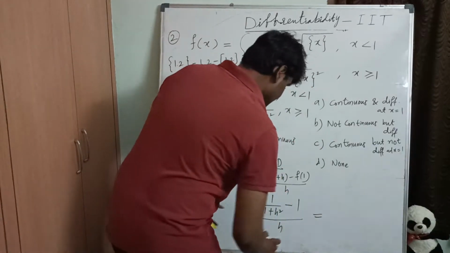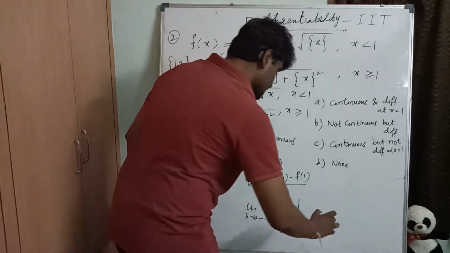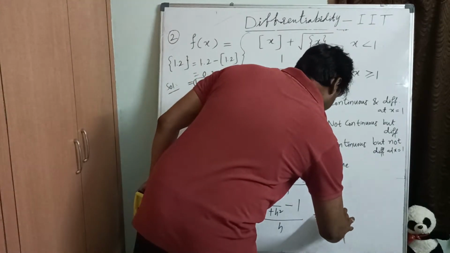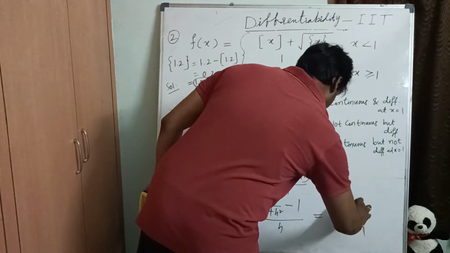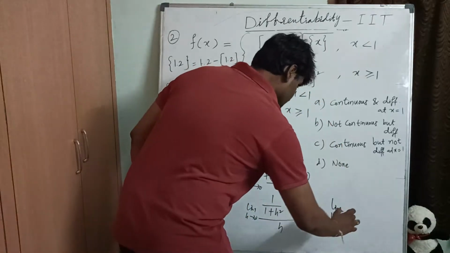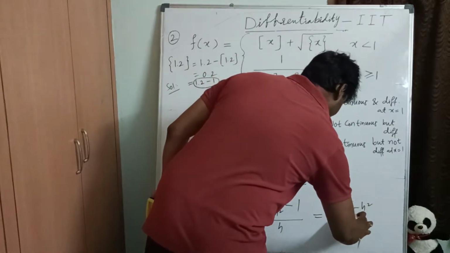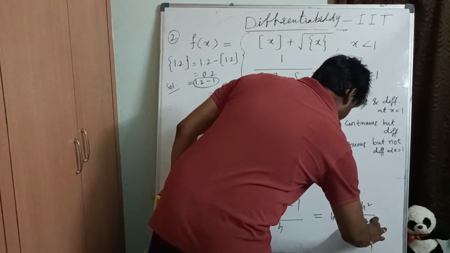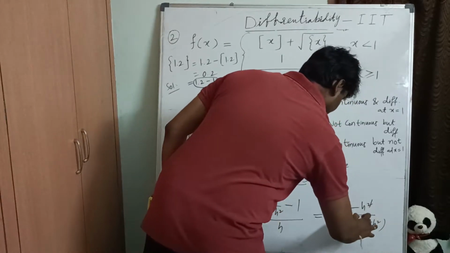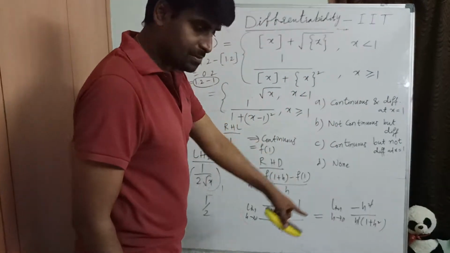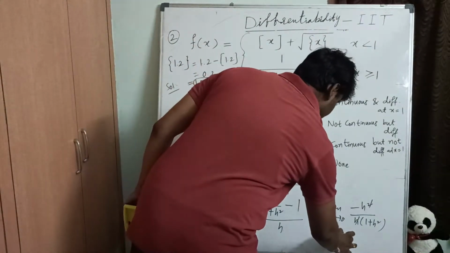Now take the LCM, 1 plus h square there, 1 cancels, so limit h tends to 0, 1 minus 1 cancels, minus h square by h into 1 plus h square. So h cancels here, and whenever you substitute h value 0, it will be 0.